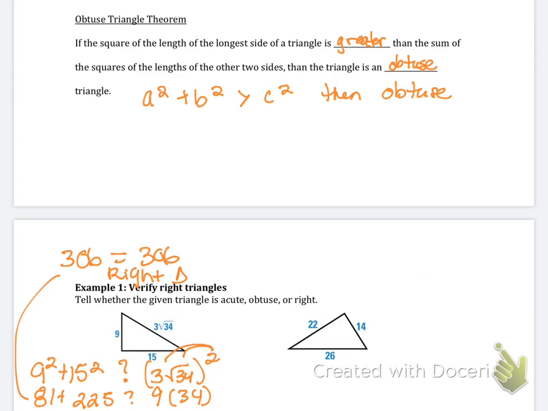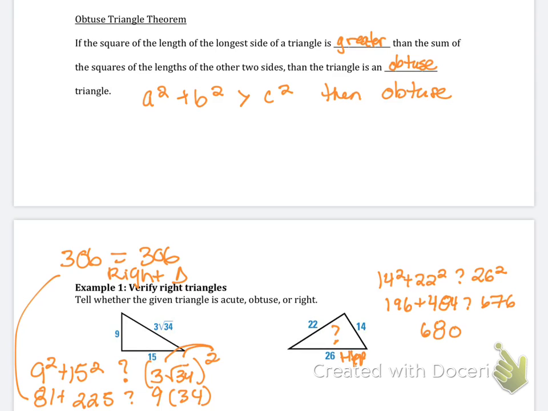Okay? We're trying to test this one now. So this one's a little bit harder to tell which are the legs, which is the hypotenuse. But remember, the hypotenuse is always the longest side, right? So this one is the hypotenuse. So I want to test what is 14 squared plus 22 squared, and what is that relationship to 26 squared? So 14 squared is 196. 22 squared is 484. 26 squared is 676.